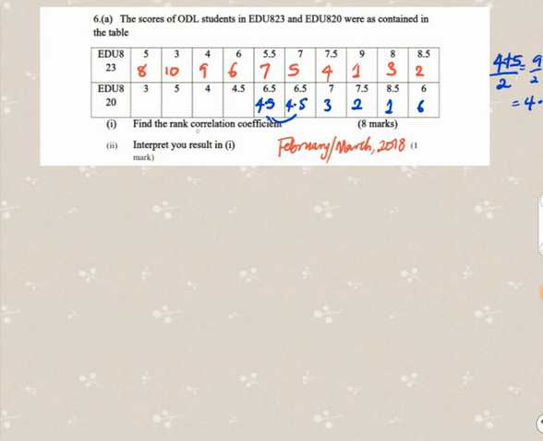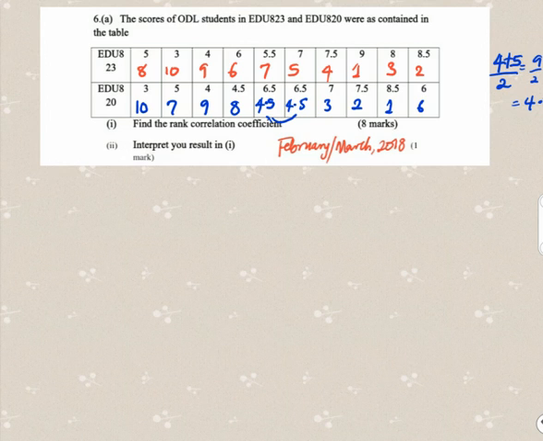The next highest will be 5, that will be 7th position now. Then 8th position, 9th position to 4, and 3 will still be 10th position in this group of scores as well.